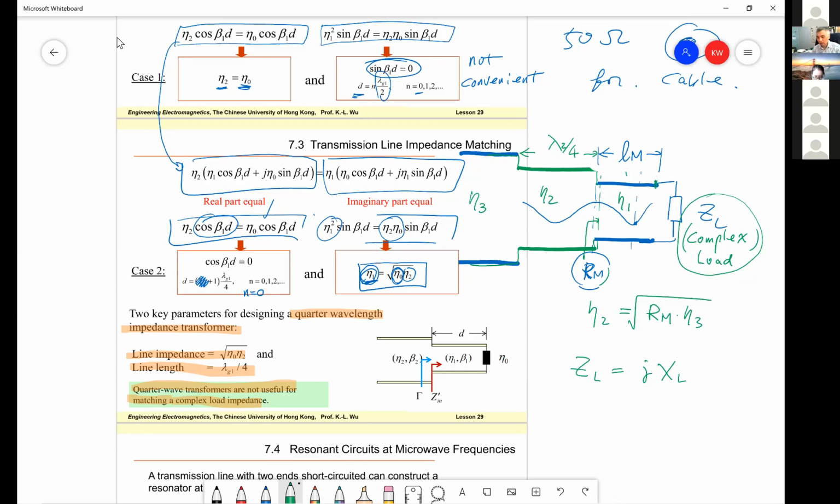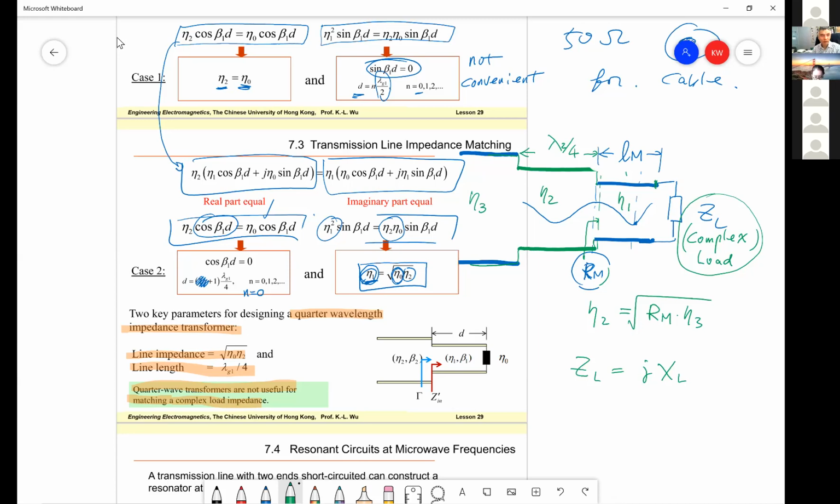Okay, and also I think, sorry, did I answer that question for the purely imaginary load? Okay, so you can look at it from the transmission line equation, right? So that impedance. If the load is a pure imaginary, no matter how you move down the transmission line, you never can get a real part.